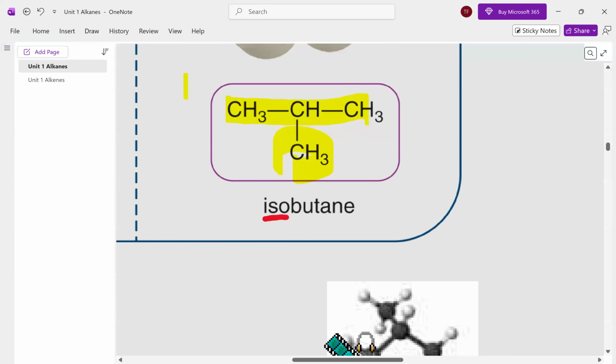Now I'm old, and I don't memorize very well. So I have these little ways to remember things. I think of iso like a snake's tongue. What does a snake's tongue look like? Right? Now, if we drew this with a line drawing, it's going to look like this.